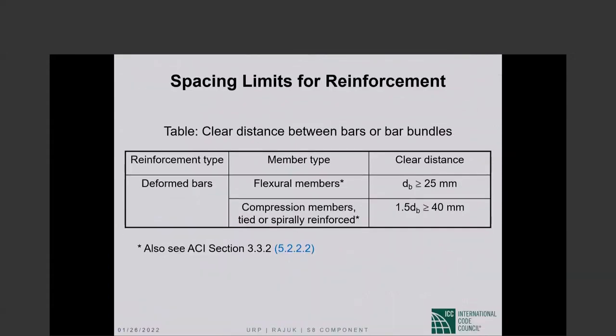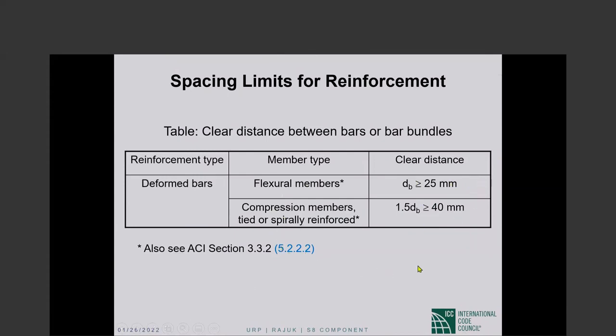Okay. So clear distance between bars or bar bundles. This is what we discussed. So flexural members, 1 bar diameter, larger than or equal to 25 millimeters. The stone size is not in 318 but is in BNBC.